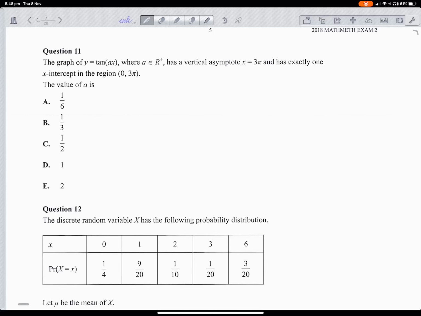The graph of y equals tan ax has a vertical asymptote at x equals 3 pi and has exactly one intercept, so it's got to go through once over here. The value of a is... So it's got to intersect there.